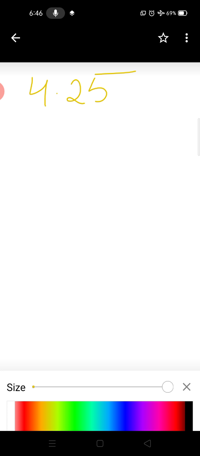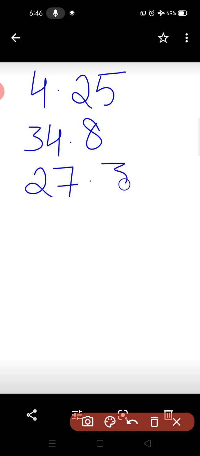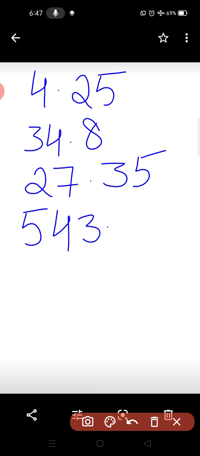The first number is 4.25, the next one is 34.8, the next one is 27.35, and the next one is 543.37.